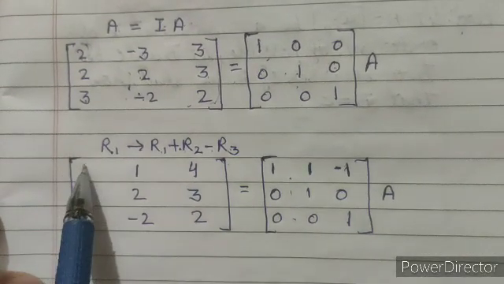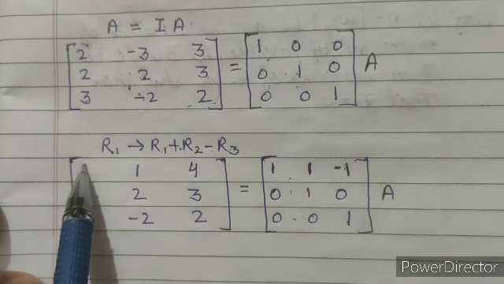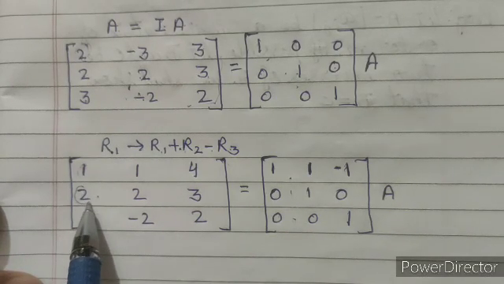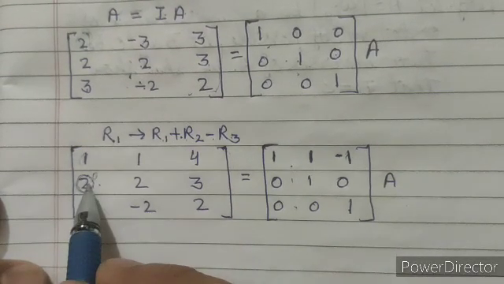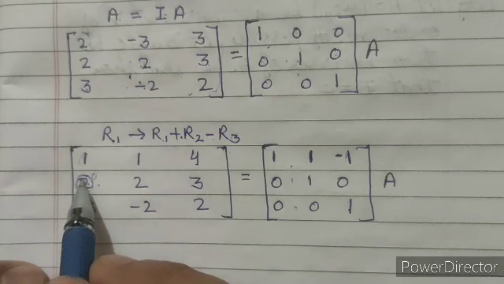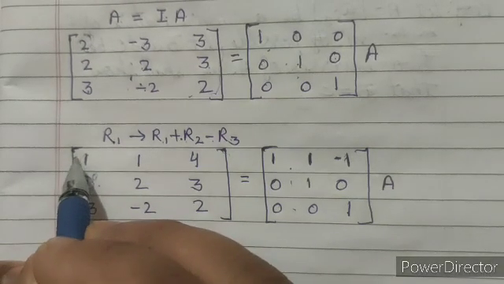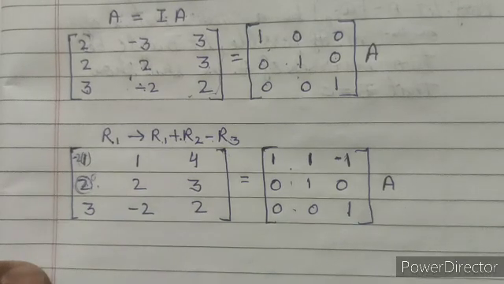Now after converting the first element of the first row to 1, we will convert the first element of the second row to 0. Now here, as we know, 2 minus 2 is equal to 0. So 2 minus 2 into 1 will give us 0.